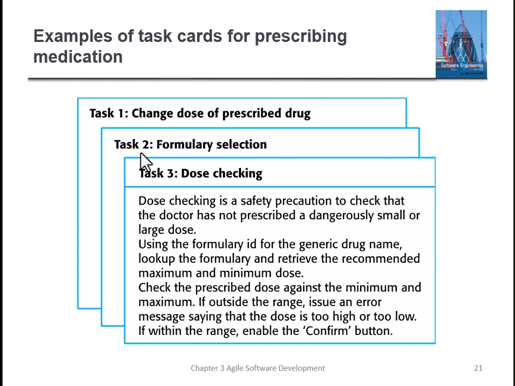Task 3 is dose checking. One thing you should remember is that tasks should be designed from the user story or scenario in such a way that they can be independently designed and implemented, and then through continuous integration we will integrate the different tasks together as one system.